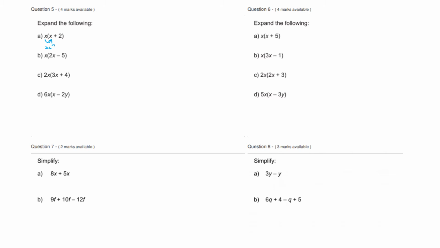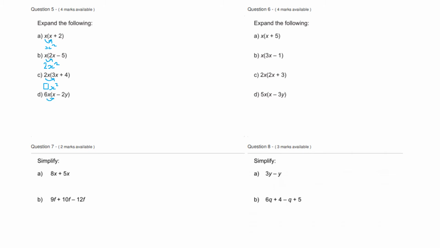And if you've got x times 2x, then you've got 2x squared. 2x times 3x, remember we do the numbers first. So you're going to have 2 times 3 and write it down. X squared. And then the last one isn't too bad.